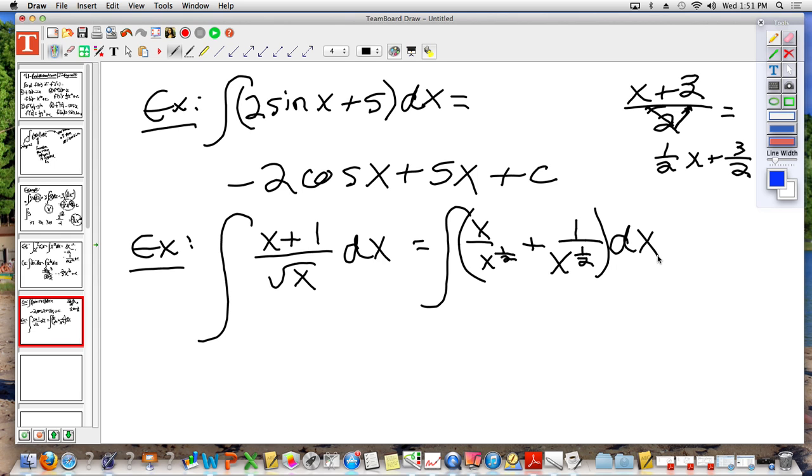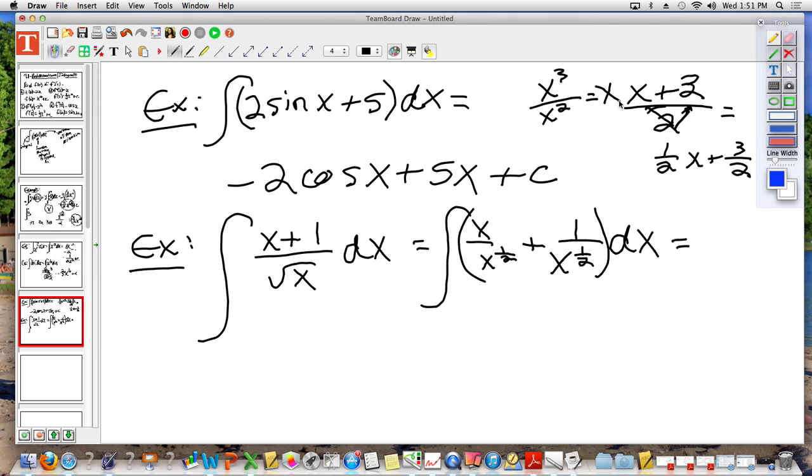Okay, let's clean it up. We have x to the first power over x to the 1/2 power. What do you do with the exponents? What if you have x cubed over x squared? What do you do to those exponents? That's the same thing as x.